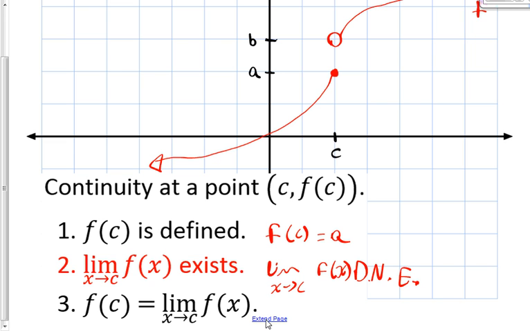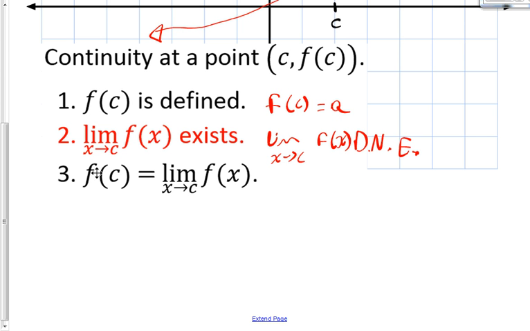You see, the third criteria says that f of c, which would be a, would equal the limit as x approaches c of f of x. That doesn't exist. Because this doesn't exist, it cannot possibly equal a. So therefore, this is also not satisfied. Anytime 1 or 2 is not satisfied, automatically 3 will not be satisfied.